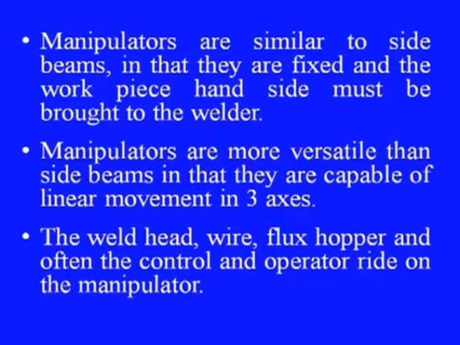Manipulators are similar to side beams in that they are fixed and the workpiece must be brought to the welder. Manipulators are more versatile than side beams in that they are capable of linear movement in 3 axes. The weld head, flux hopper and often the control and operator ride on the manipulator itself.